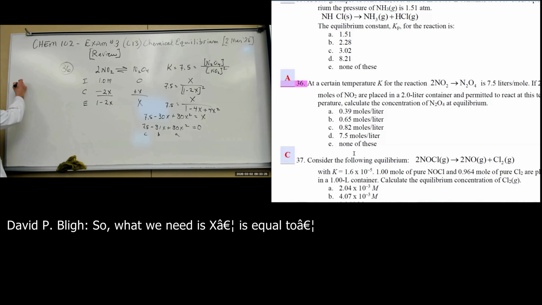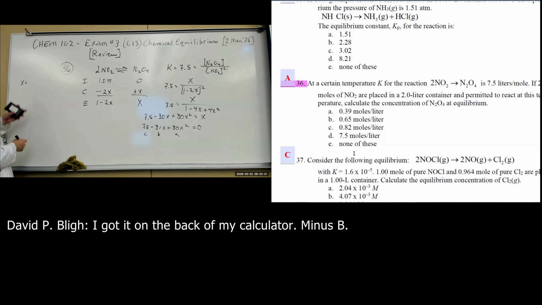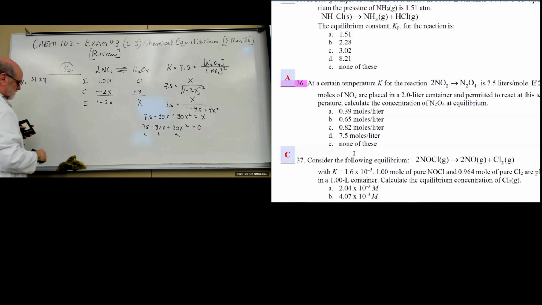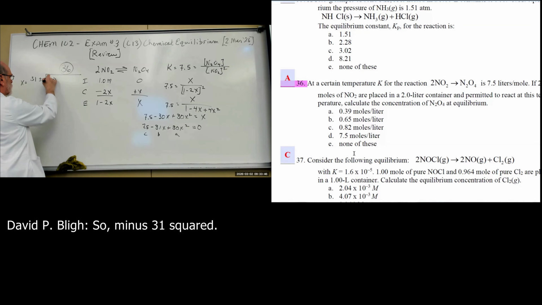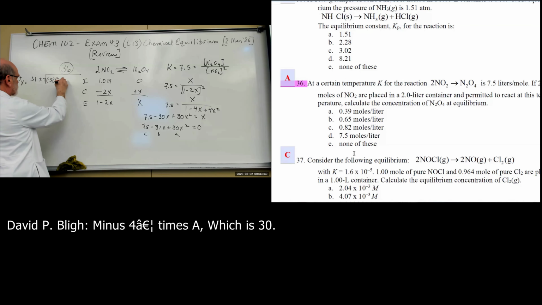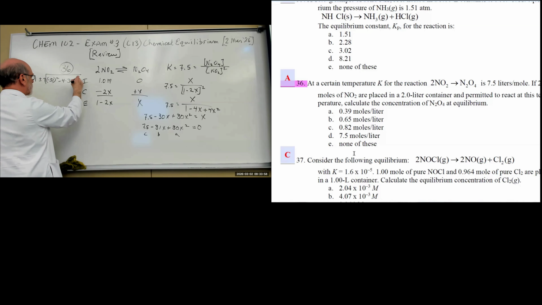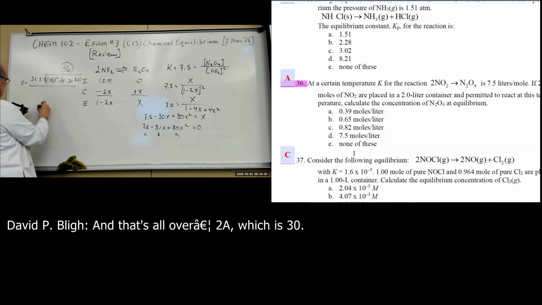So what we need is X is equal to, I got it on the back of my calculator, minus B. So minus B is plus 31, plus or minus the square root of B squared, so 31 squared, minus 4 times A, which is 30, times C, which is 7.5. And that's all over 2A, which is 30.